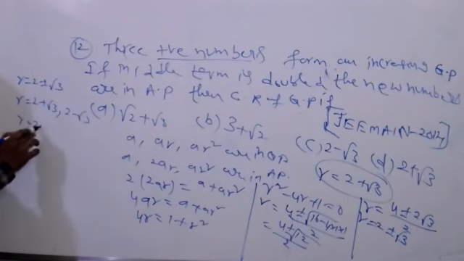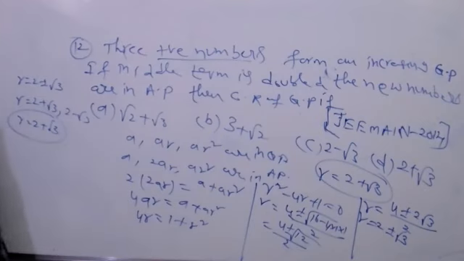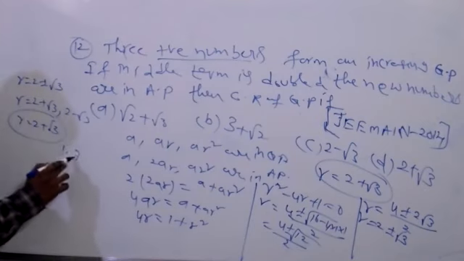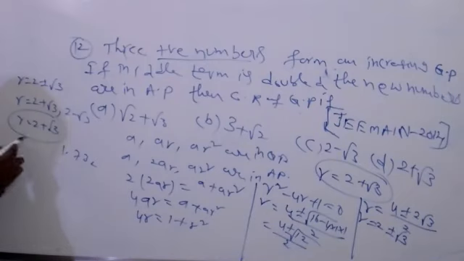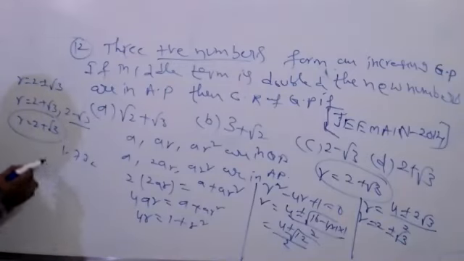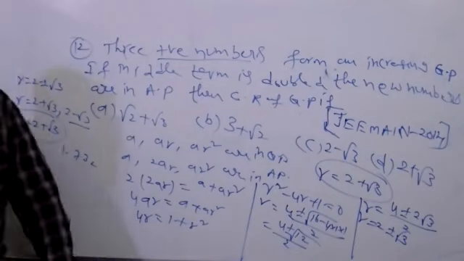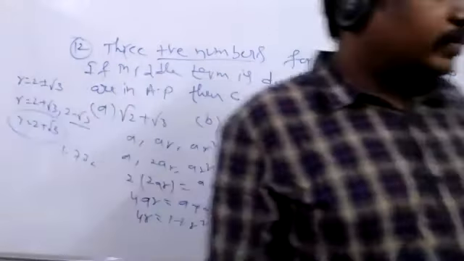Then R is equal to 2 plus root 3 is the right one. Root 3 value is 1.732, right? Then 2 plus root 3 is 3 point something. Then 2 minus root 3 is something like 0.26. So R is equal to 2 plus root 3 is the right option.